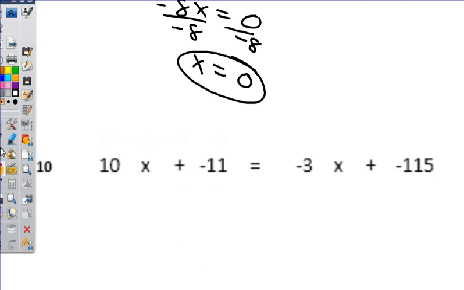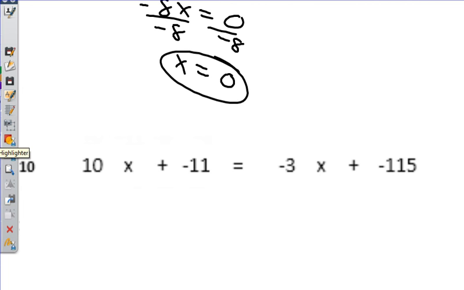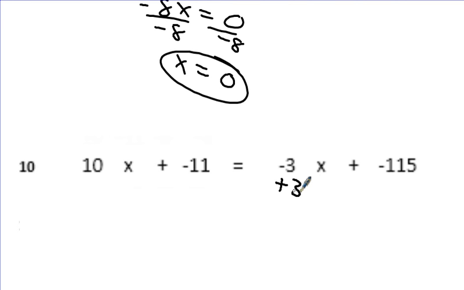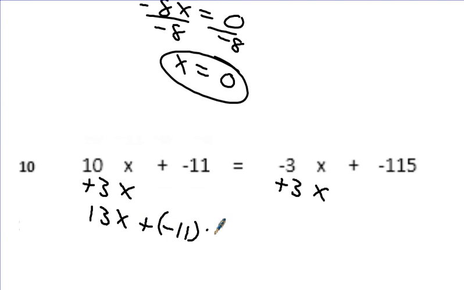So down here, we've got a negative 3x on the right. So what do we do? We start by adding 3x. This is going to make 13x plus negative 11 equals negative 115.